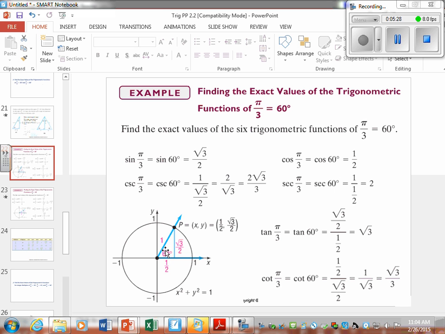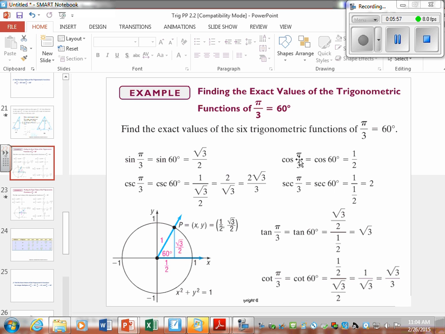I tell you the point associated with 60 degrees is this point right here, derived by the triangle. So here's our x value, here's our y value. Now let's apply trig. Sine of 60 degrees is your y value, square root of 3 over 2.